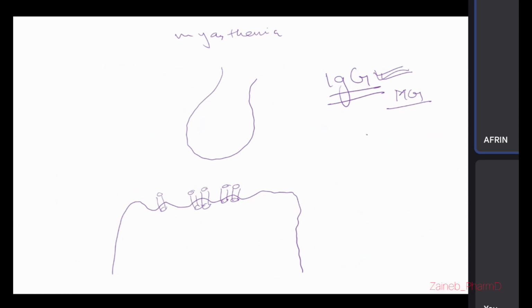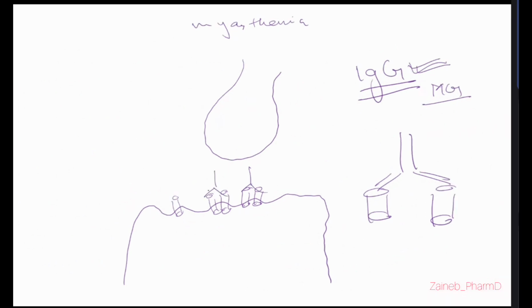However, these IgG antibodies are divalent in nature. What do we mean by divalent? That one antibody can bind to two antigens. Now, the antigens in a case of myasthenia gravis are our own receptors. So one antibody binds to two receptors.